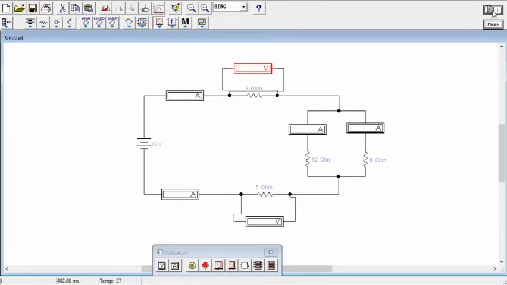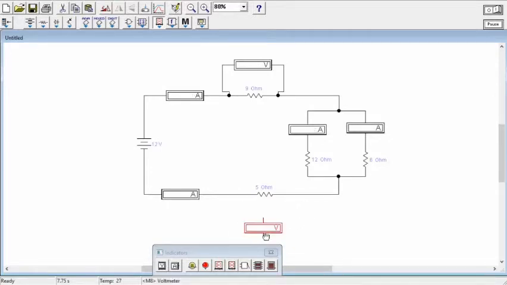So, still negative. Let's change the polarity of that. This is positive.